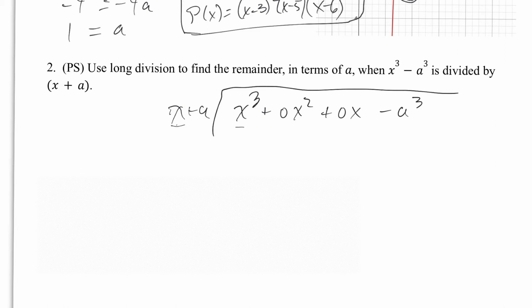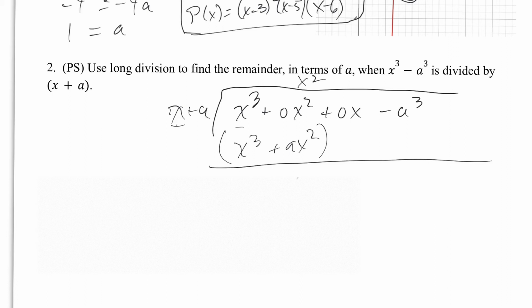So x goes into x cubed, x squared times, and I get x cubed plus ax squared. So when I subtract this, I will get minus ax squared, and then this will go in minus ax, which will give me minus ax squared.